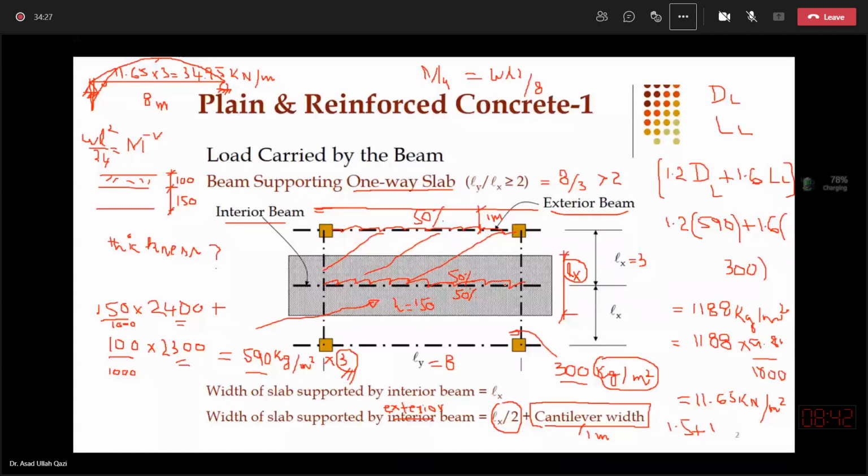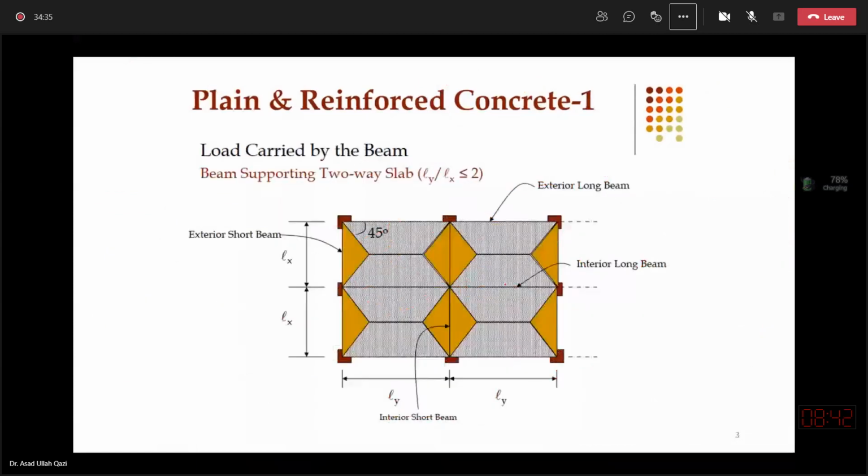Same kind of effort is required when we have slabs in which bending curvature will be two-way, in which load distribution will be two-way. We can classify such slabs simply by taking the aspect ratio, longer over shorter dimension.